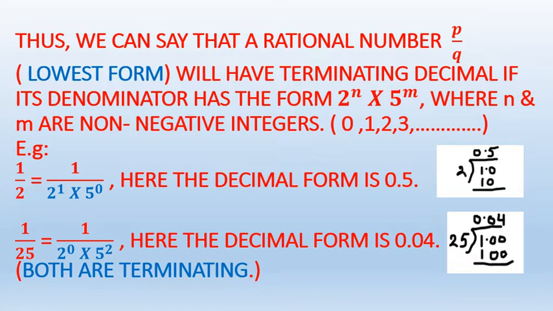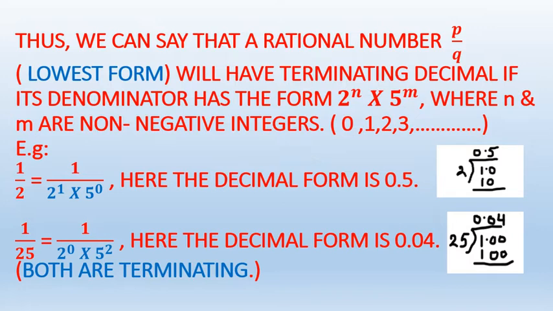You can see this with another example also, 1 by 2. 1 by 2 can be written as 1 divided by 2 to the power 1 multiplied by 5 to the power 0. Here again, this is in the form of 2 to the power n multiplied by 5 to the power m, and the decimal form of this number is 0.5. Again, you see another example, 1 by 25.